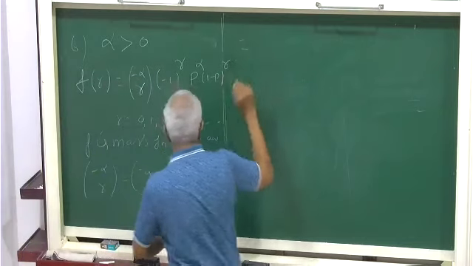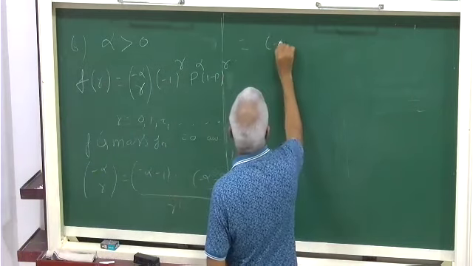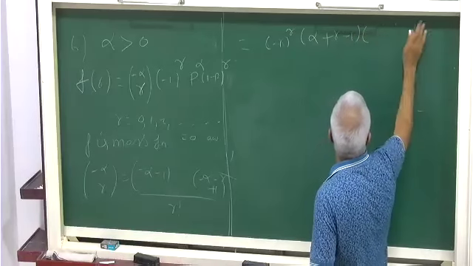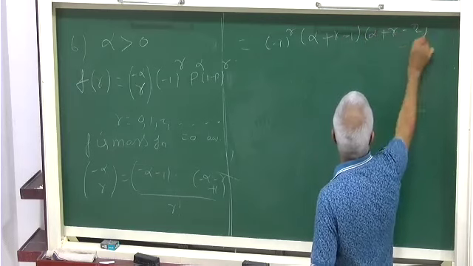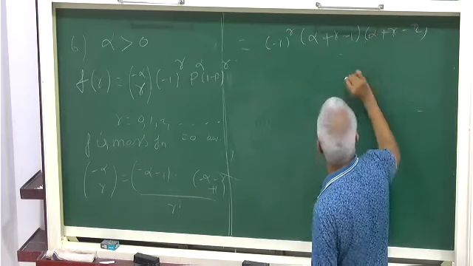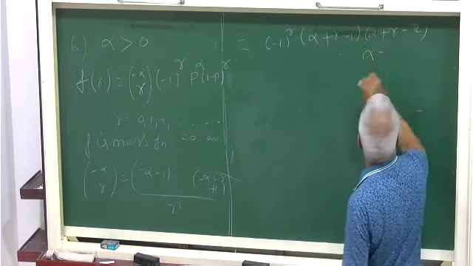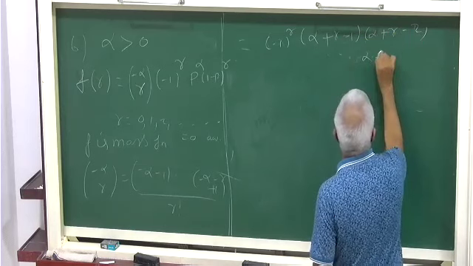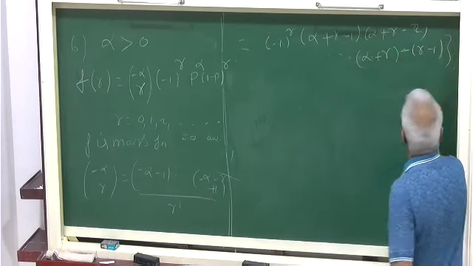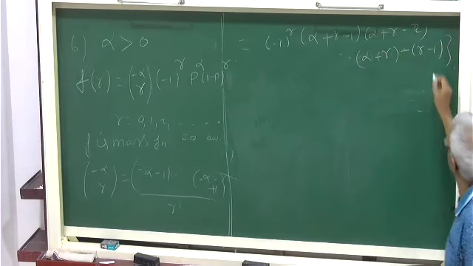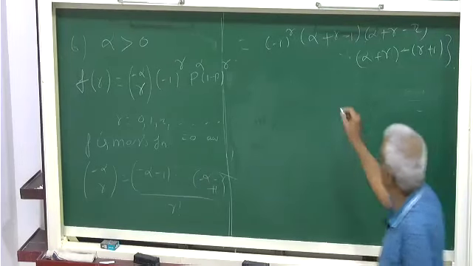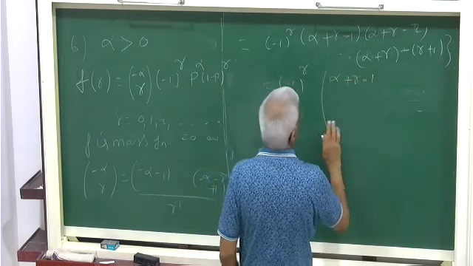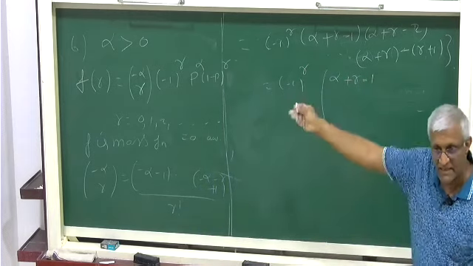So this equals minus 1 power r into alpha plus r minus 1, and so on, down to alpha. I could have defined it that way, but for some reason it is defined like this.